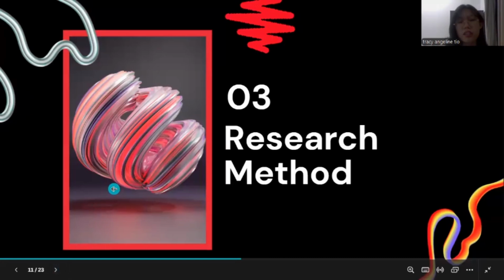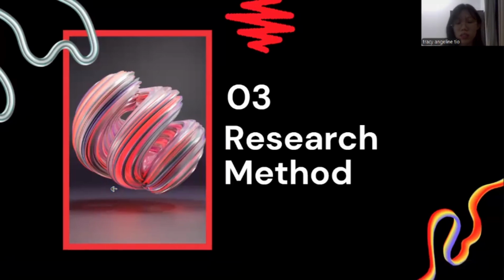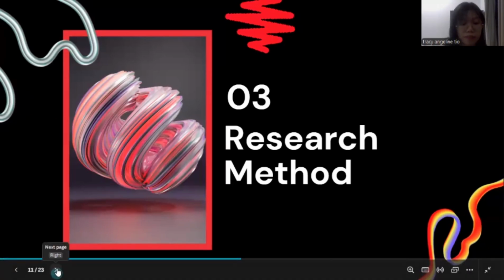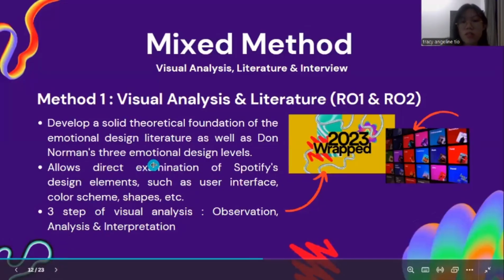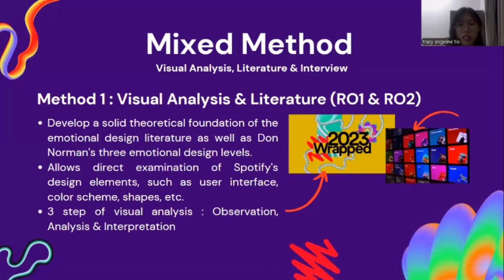And we begin the third part, which is research method. I use a mixed method in this research, which is visual analysis and interview. The first method I'm going to use is visual analysis. It's for research objective 1 and research objective 2.